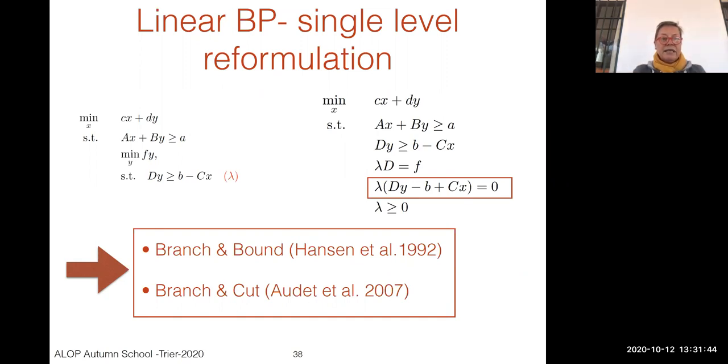So the idea is to try to eliminate this optimization problem that represents the second level optimization, and try to translate the fact that Y is the optimal solution of the second level via some other constraints, by introducing some new variables, which are, in fact, the variables corresponding to the dual of the linear problem which constitutes the second level.